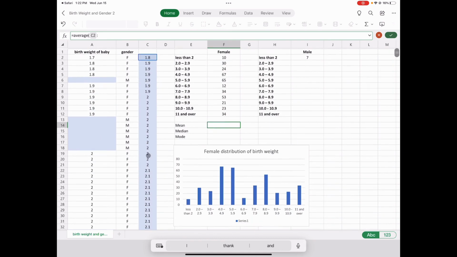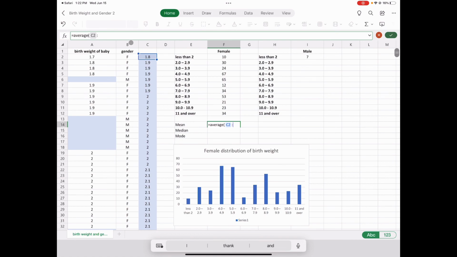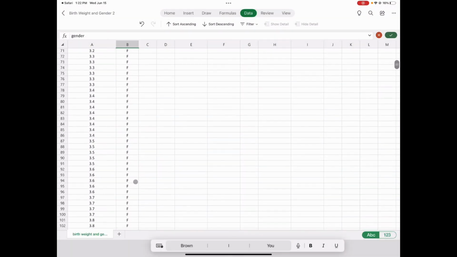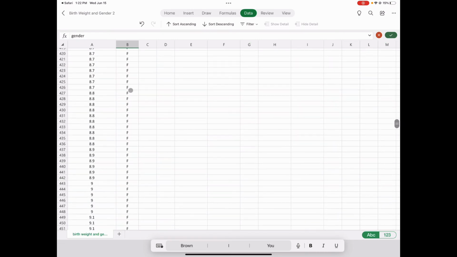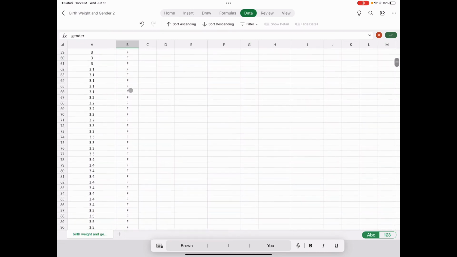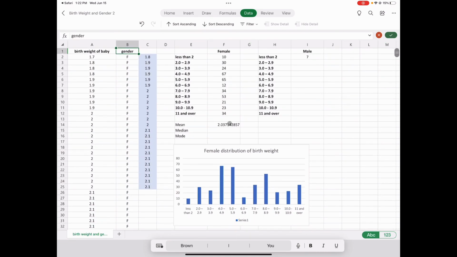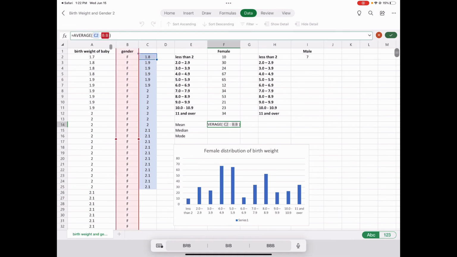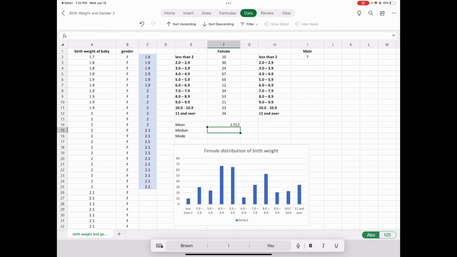This one doesn't have the female sorted, so let me sort the female. I'm going to go down and see which is my last female. It's going to be at 499. Which that's going to be from C2 to C500 because it's one lower. And that gives me the mean.